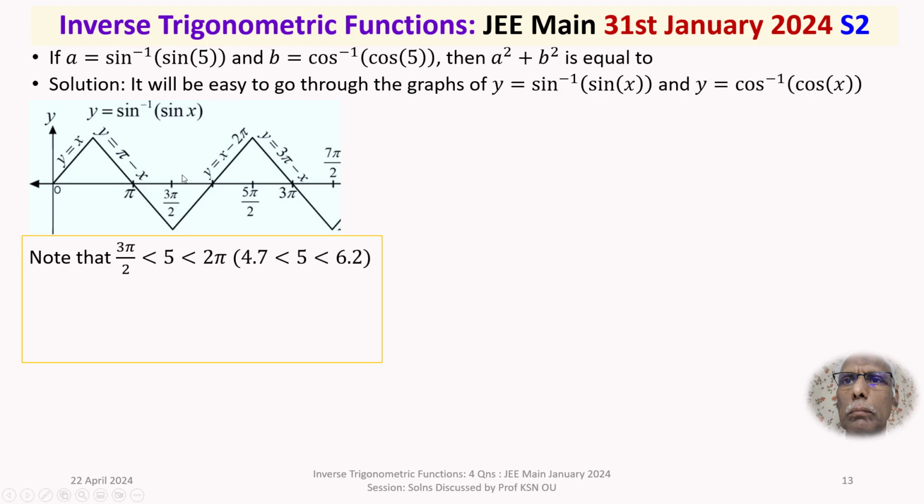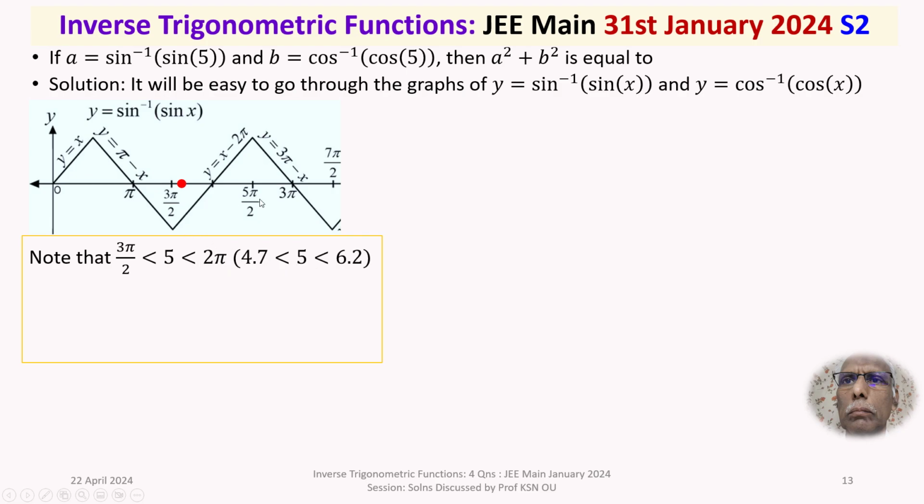So where is this 5? 5 will be greater than 3 pi by 2 and less than 2 pi. So it will lie between 3 pi by 2 and 2 pi.